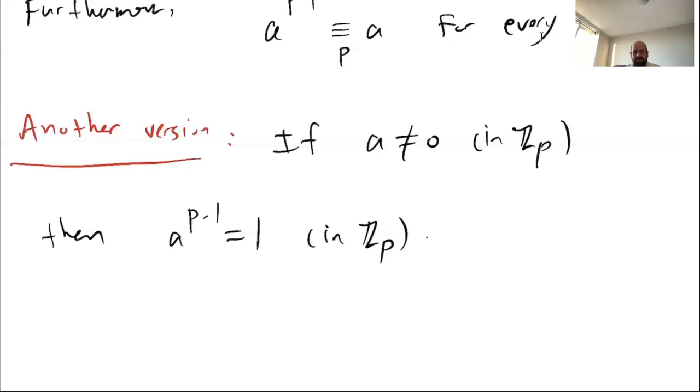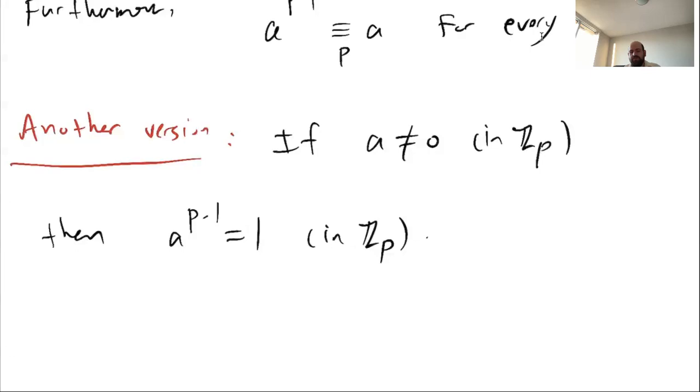So I have to exclude 0. But other than 0, any number to power P minus 1 is equal to 1 when my universe is ZP. So it's very interesting, right? Because when my universe is the set of, for example, integers, so only 1 and minus 1 to power P minus 1 will be equal to 1.